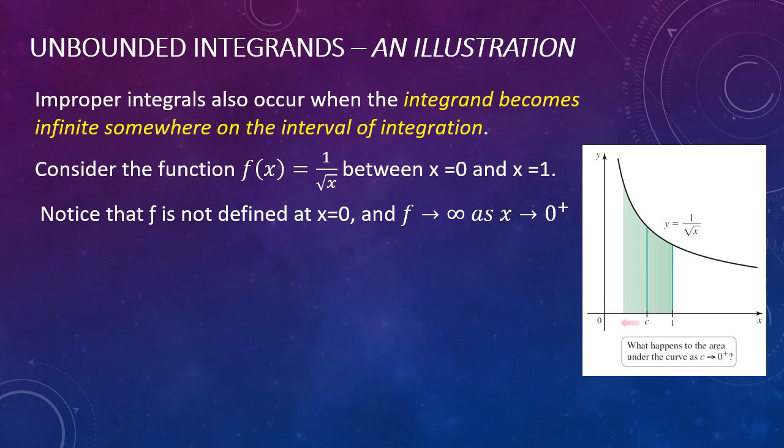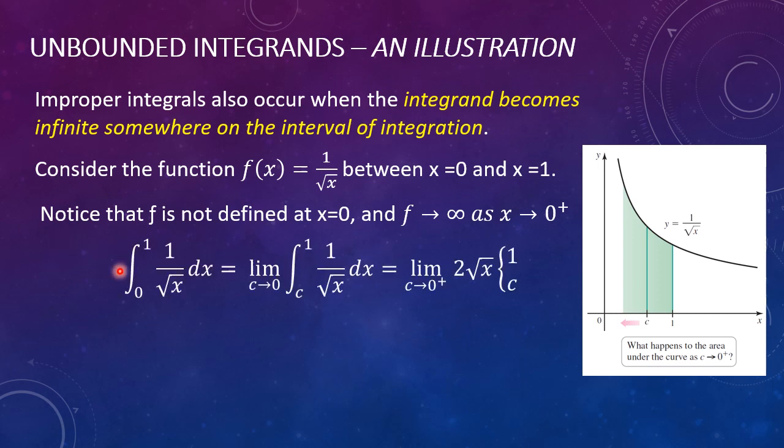So we're going to set this up very similarly to what we would do with the other functions. The integral from 0 to 1 of 1 over square root of x is undefined at 0. So what we're going to do is replace that 0, that undefined value, with an arbitrary value of c, as you can see in the diagram, and then use a limit as c approaches 0 from the positive direction.